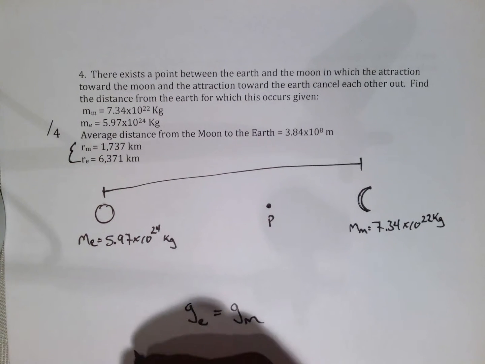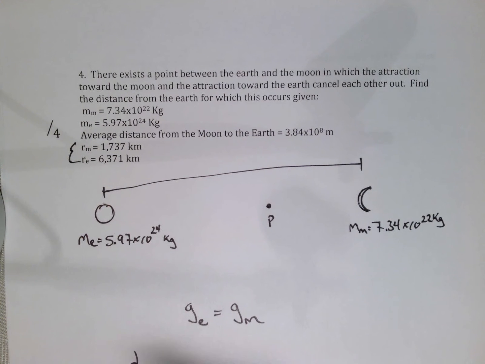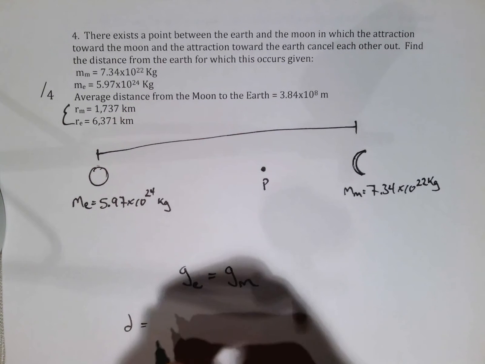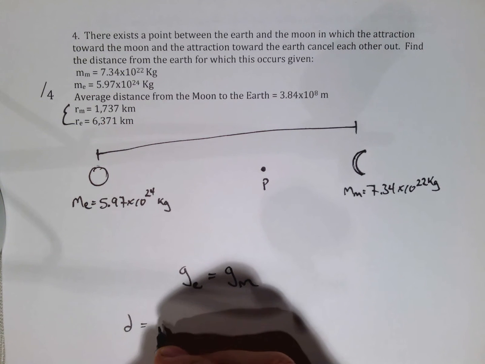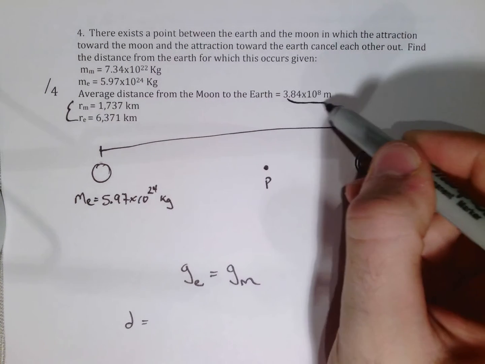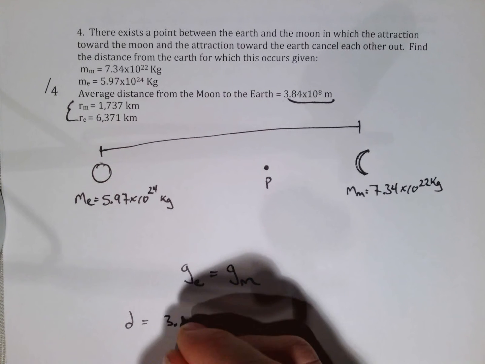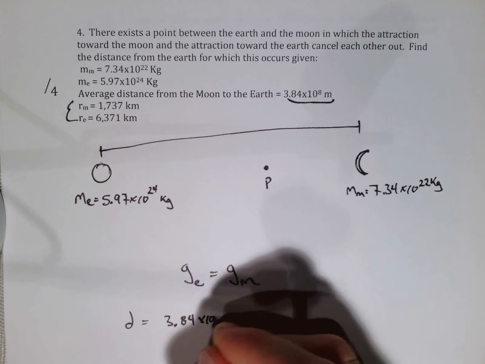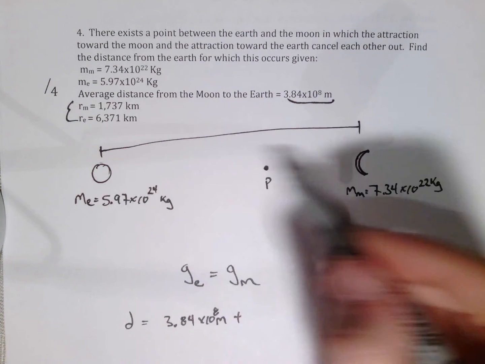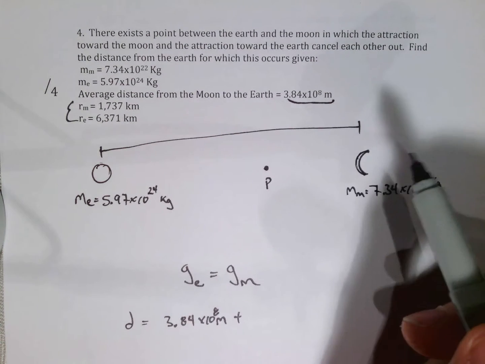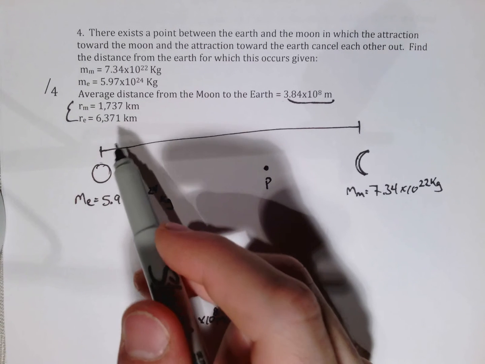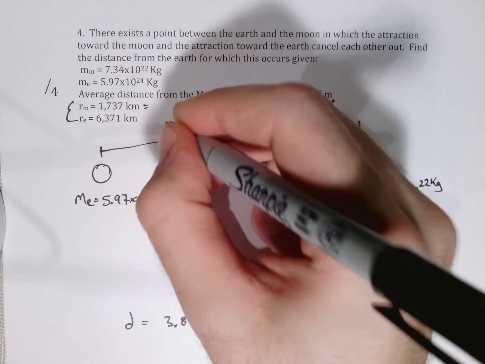So our distance from the center of the Earth to the center of the moon is actually equal to the average distance from the moon to the Earth, 3.84 times 10 to the 8 meters, plus, that's only the distance from one tip to the tip of the moon. We have to go from center to center. So we have to add in the radius of the moon and the radius of the Earth. Keep in mind these are in kilometers.